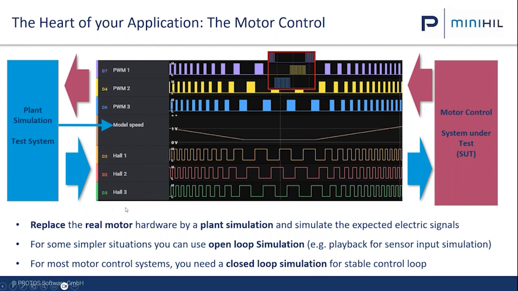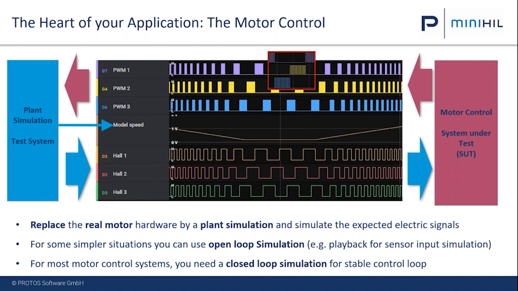And according to the frequency of the motor, it simulates, for example, in this case, 3 Hall signals as digital outputs. The motor controller measures them and controls over this closed loop simulation directly the simulated system instead of the real system. So you replace the real motor hardware by a plant simulation and simulate the expected signals.